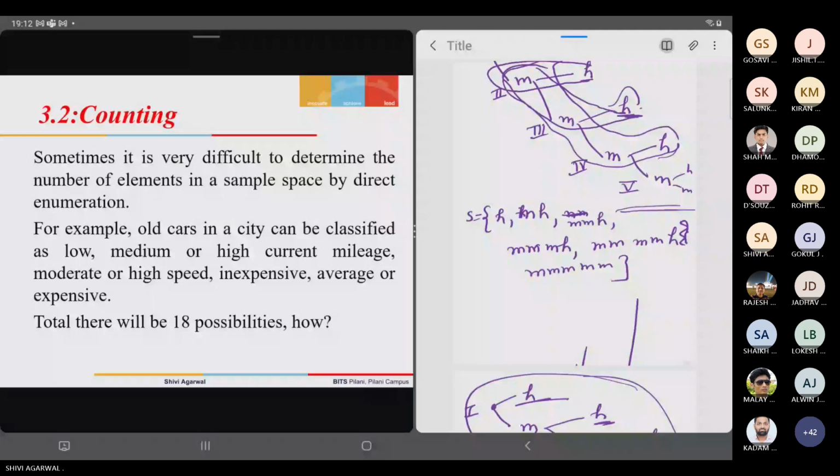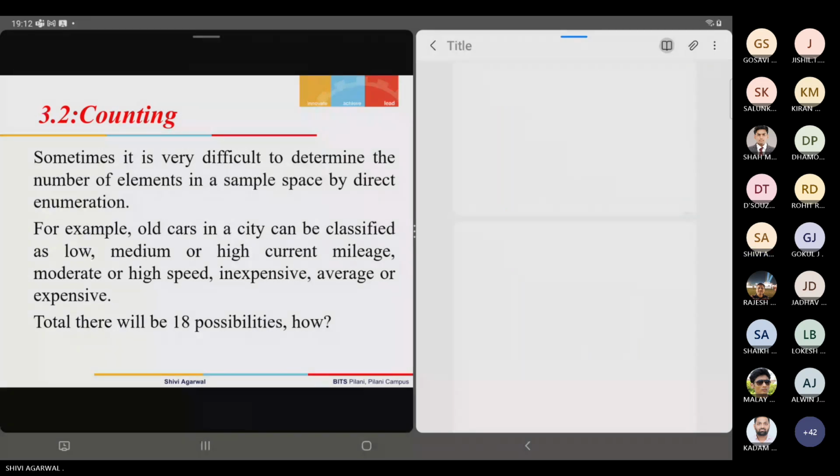Okay, so this example we have done to calculate the sample space. So now we are saying it's very difficult. Yes, you were attending the last class, but just go through the recording. You will definitely get it.